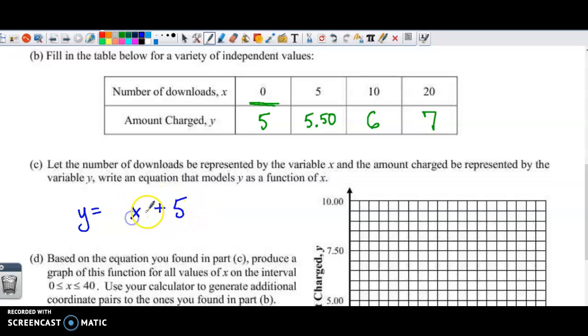And the equation that you're going to come up with for x depends on how many songs you have. So if you had 1 song, you would have to add 0.10 times 1 plus the 5. And if you had 5 songs, 0.10 times x, or 5, plus 5.